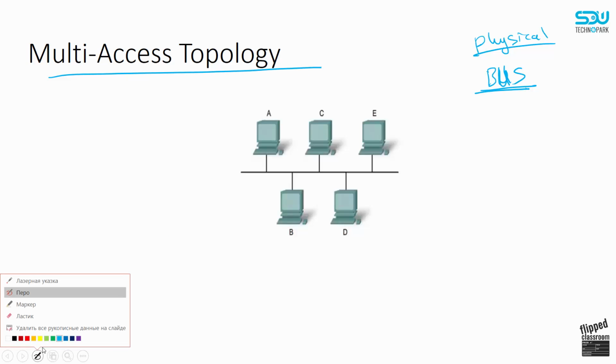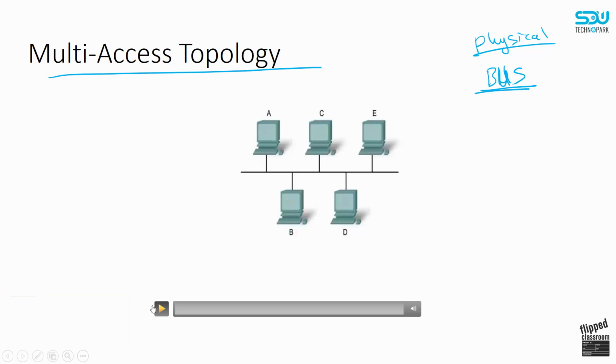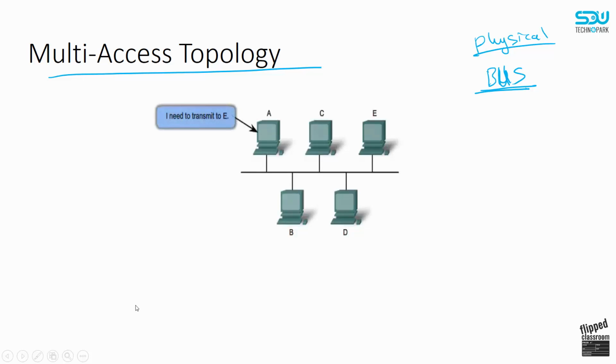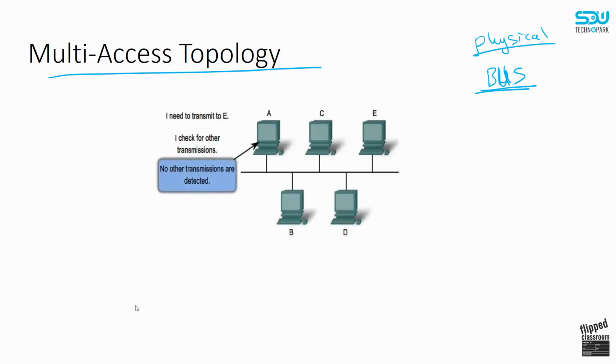Alright, if we take a look at a small animation, we can find out how information travels with the help of CSMA/CD. Let's take a look. Computer A wants to send information to computer D, and it detects that it is not seeing any signals, so it just sends the frames.